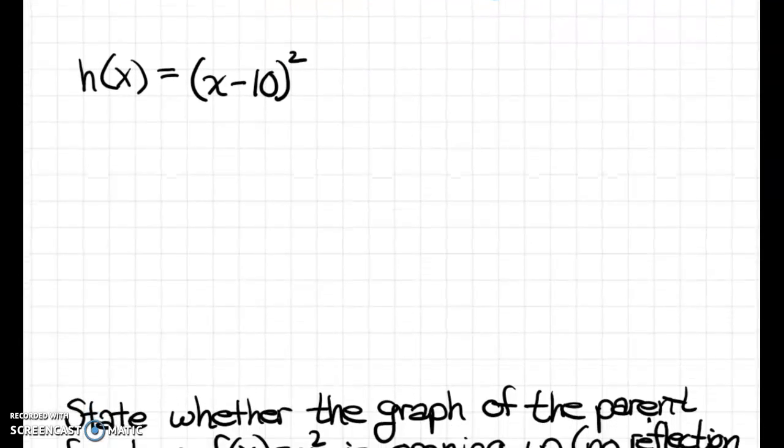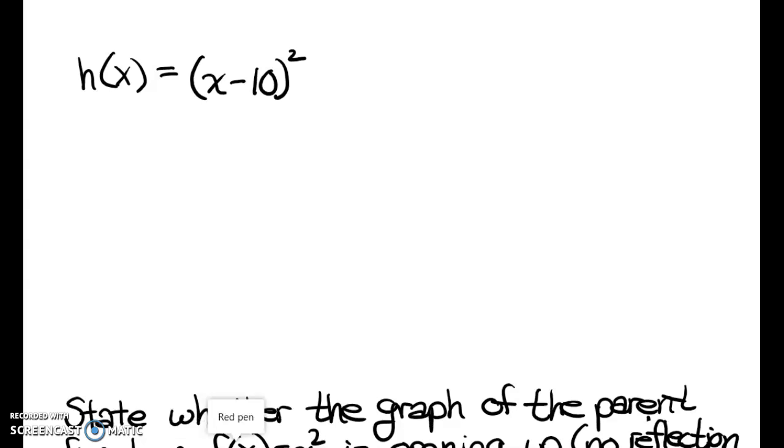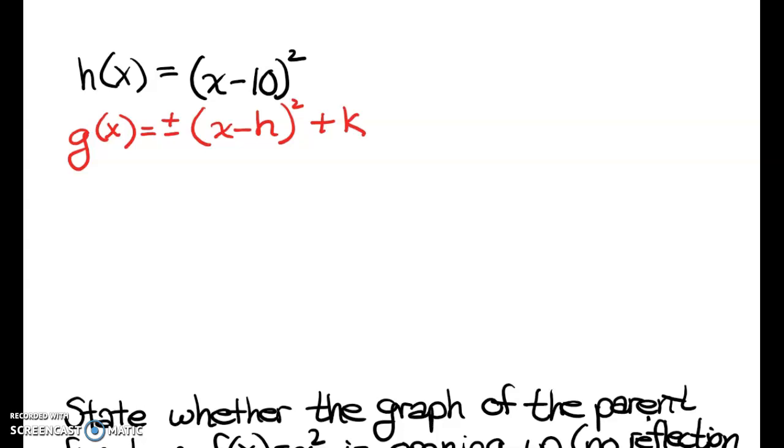Okay, let's do one last example here. Let's write my generic equation, plus minus x minus h squared plus k. Well, this one looks pretty close. I have a positive out in front, so I'm going to write that positive. I have my negative that I need, so I'm going to leave this alone.